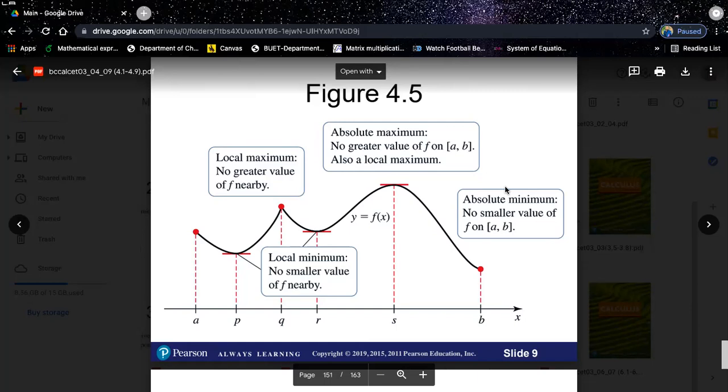No question at all? Okay. If you don't have any question, then you can move to the next one, this graph.